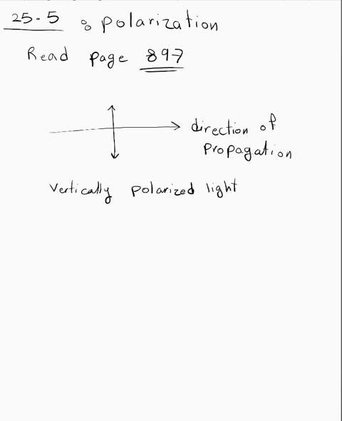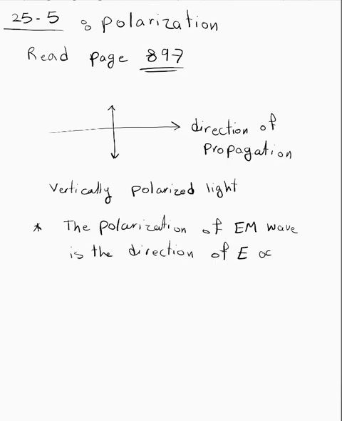The direction of the polarization of an electromagnetic wave is the direction along which its electric field oscillates. So let me write this for you because this is very important. The polarization of an electromagnetic wave is the direction of electric field oscillation.